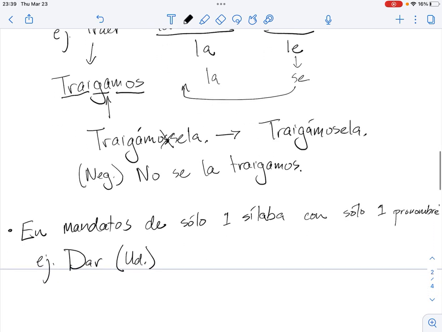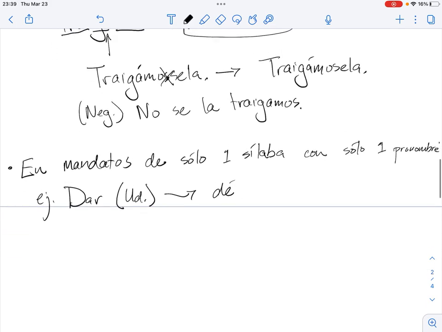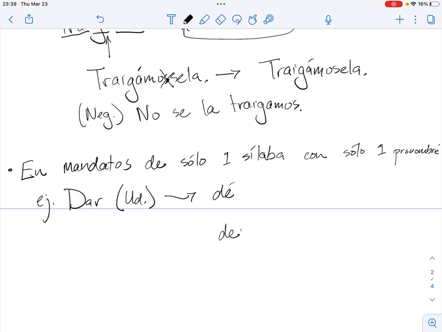Only other place to really watch out is in commands that have one syllable and only one pronoun attached. Now, there's a bunch of tú commands that are one syllable, but the only one we've seen thus far is dar, right? Which is dé. If we had just one syllable, like deme, if I didn't choose to make the direct object, like the book, into a pronoun, I don't have to.